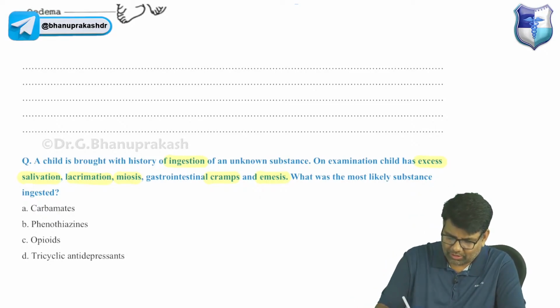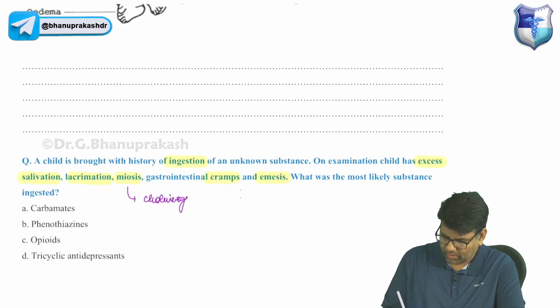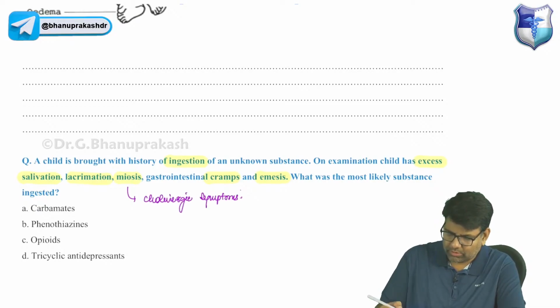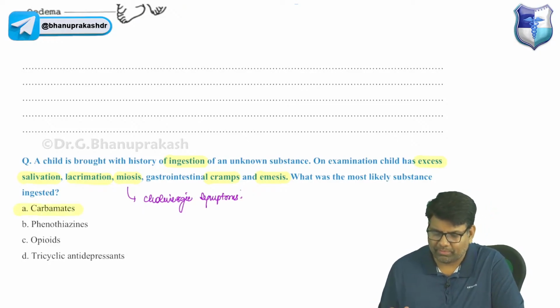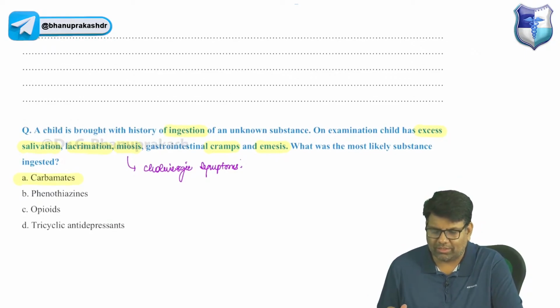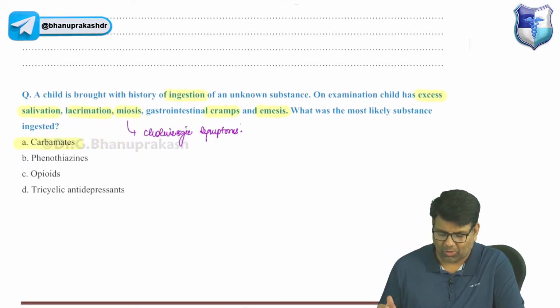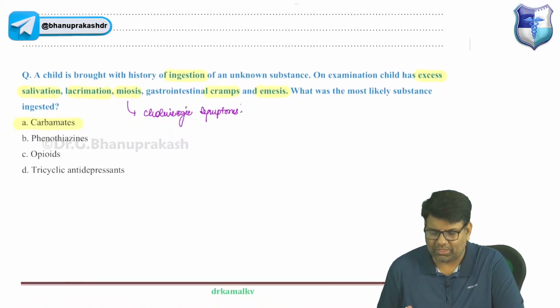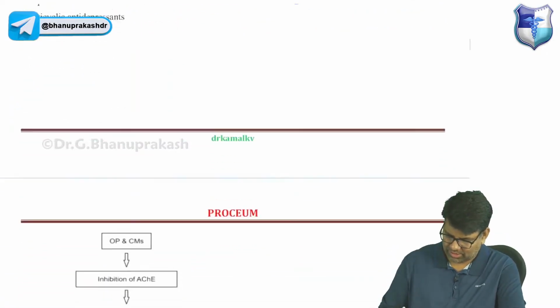If you look at the presentation, these are cholinergic symptoms. So this is carbamates. For cholinergic you have to give an anticholinergic, that is atropine. Organophosphate also will have the same presentation. Right. So this is carbamate.